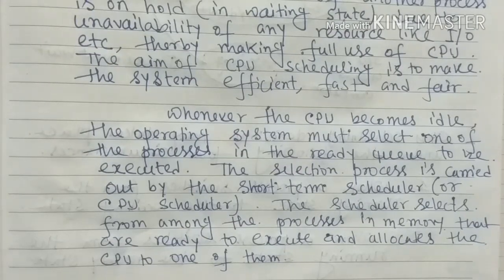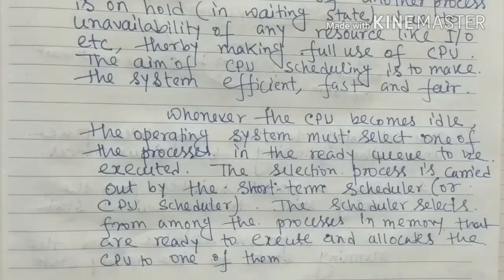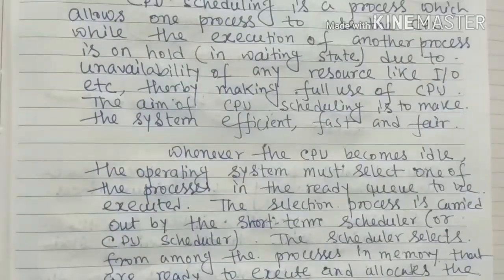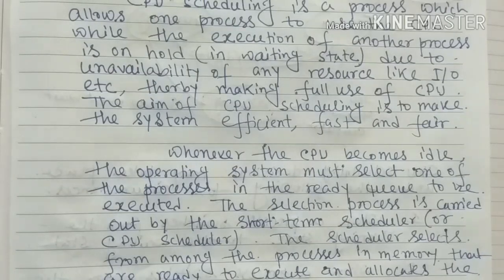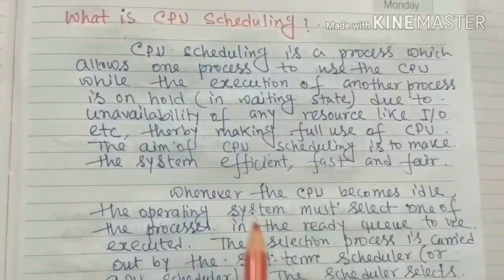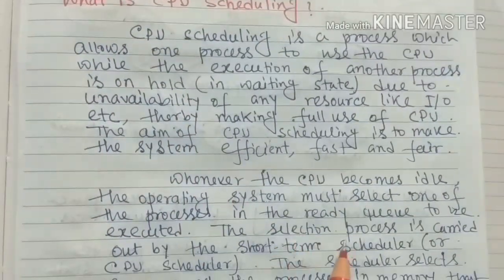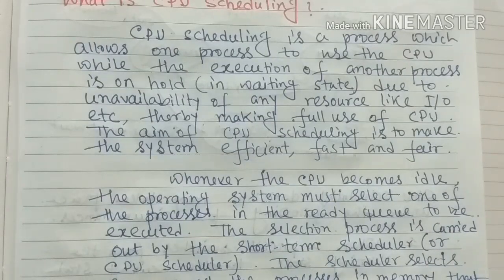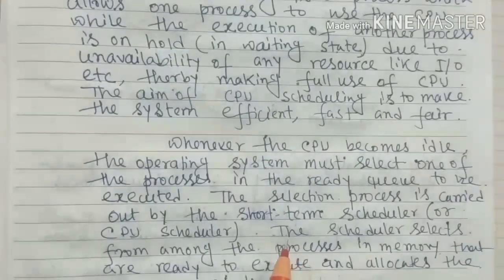So whenever the CPU becomes idle, there must be a process in the CPU every time, so that the CPU does not become idle. The CPU scheduler simply allocates a process into the CPU from the ready queue.